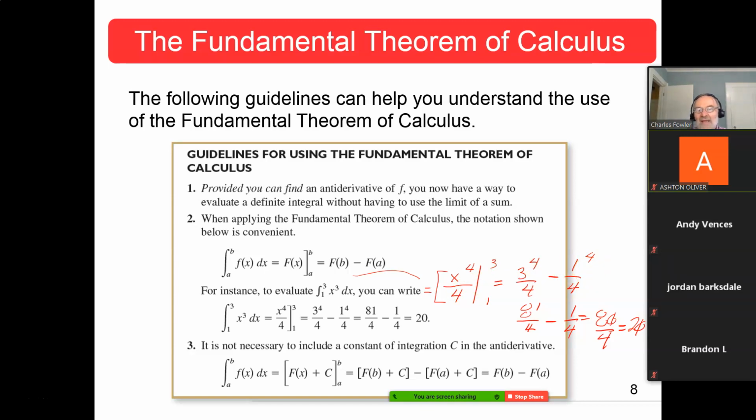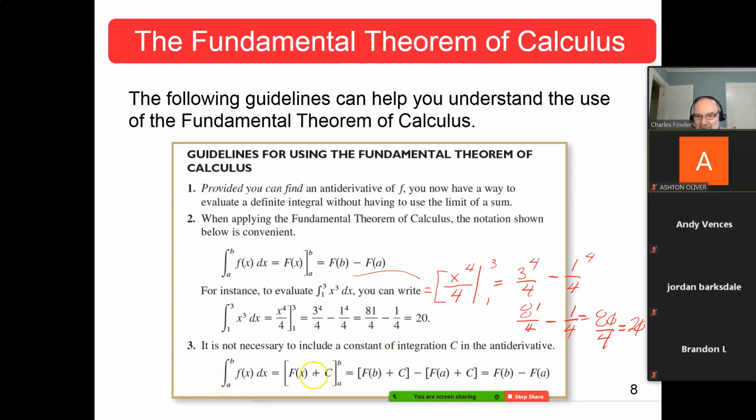It doesn't matter. It is not necessary to include a constant of integration c in the antiderivative because it's a definite integral. If you don't have the limits here, the b and the a, you have to do a plus c.